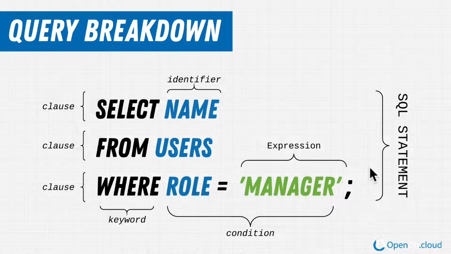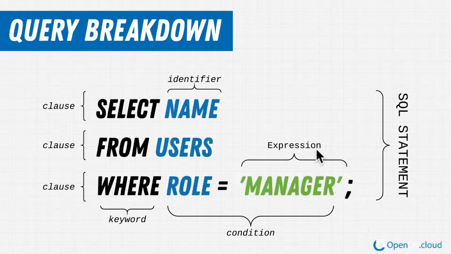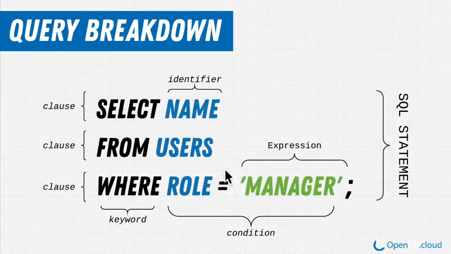Pretty straightforward. And manager is called our expression. We are expecting that some of the roles may be equal to manager, but some may not be. So that's why we call it an expression, because we are making an assumption here that some of the roles are equal to manager. We want to filter based on our assumption. Awesome. So let's fire that real quick.